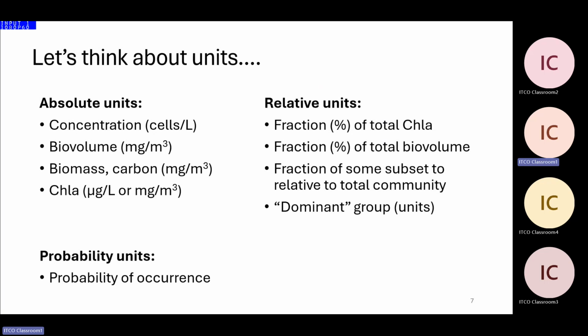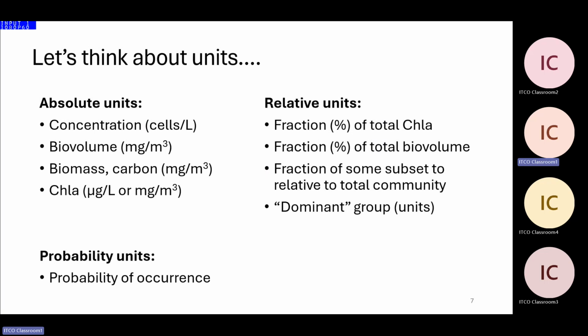Okay, an important thing to think about is units. Once we've classified them, how are we reporting the concentrations? We can use absolute units, we can use relative units. Commonly, we'll talk about the proportion of the total chlorophyll.